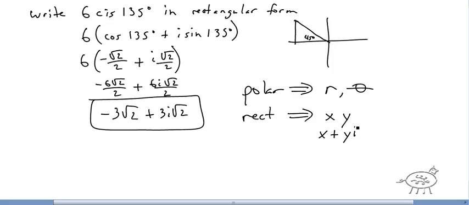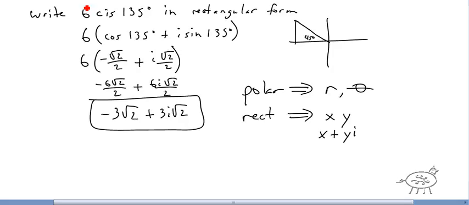I mean, you're not actually seeing the r and the theta and the x and the y, but like the original problem, 6 is your r, there's your angle, there's theta. Okay, we get done all the way to the rectangular. Here's your x value, and here's your y value. Okay, so that's the conversion between the two.